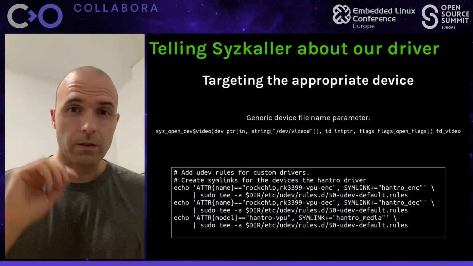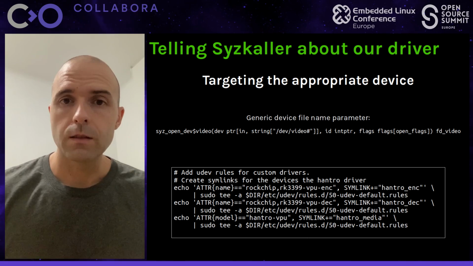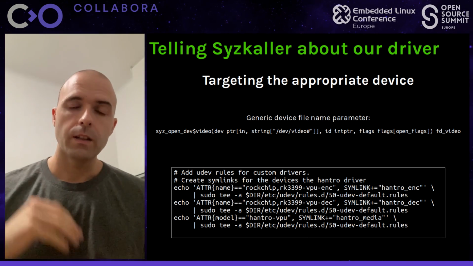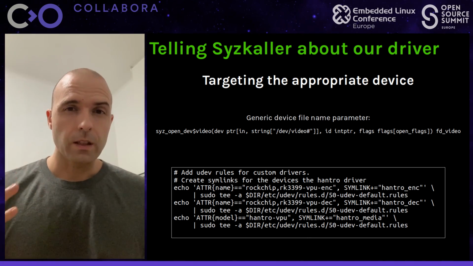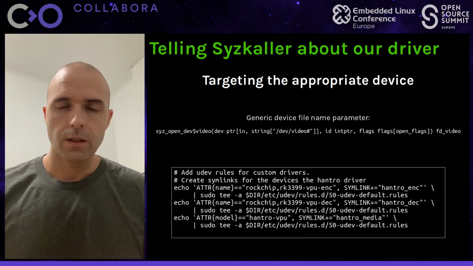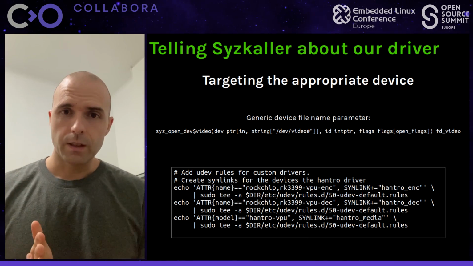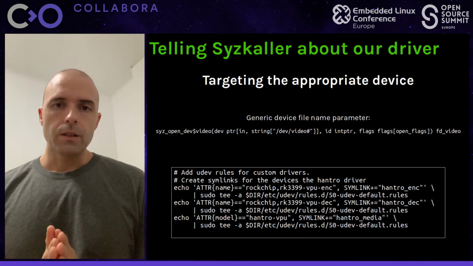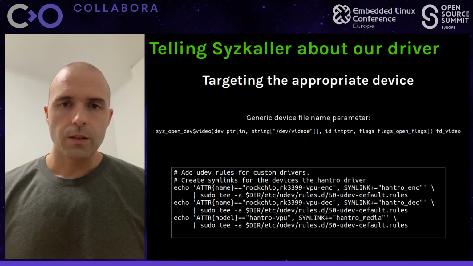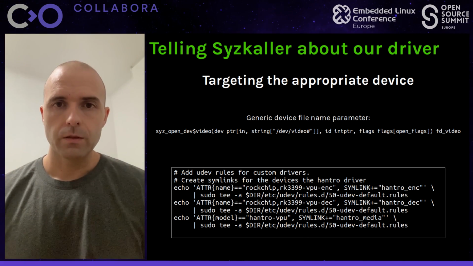So maybe it will start targeting device file names that aren't really in your system. So again, a lot of time will be spent doing nothing, trying to open something that doesn't exist, and it would be much faster if we could restrict the open system call to our particular driver.